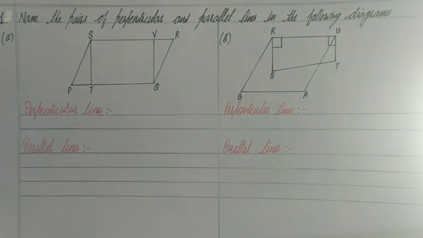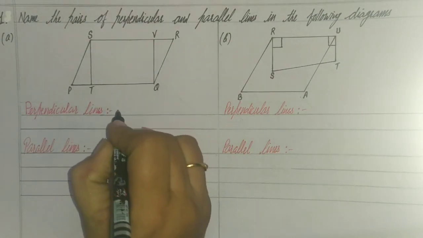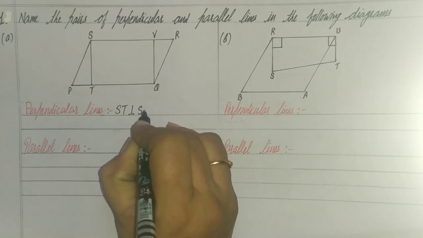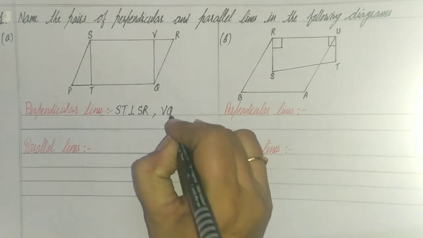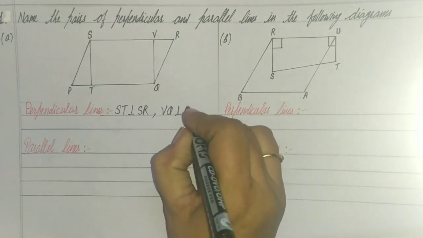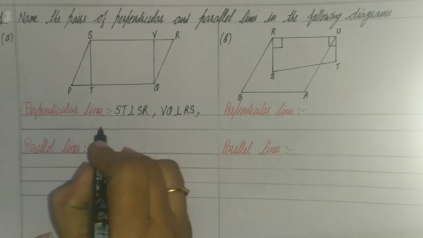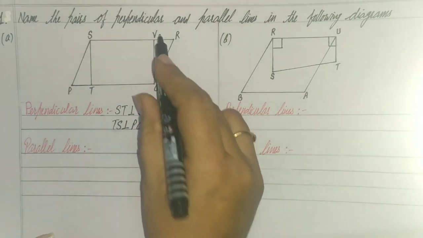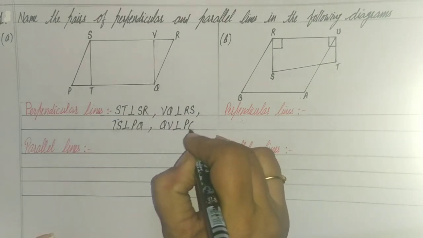So which are the perpendicular lines here? We will say that ST is perpendicular to SR. So here ST is perpendicular to SR, and VQ is perpendicular to RS, then TS is perpendicular to PQ, and QV is perpendicular to PQ or QP.